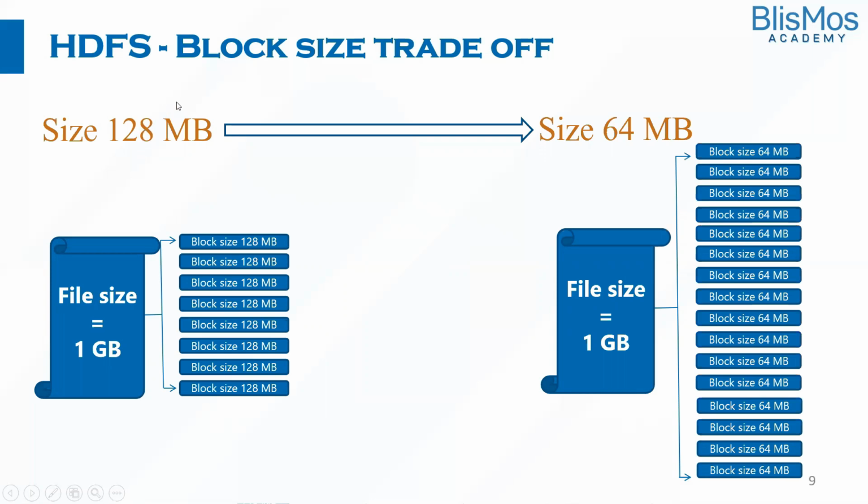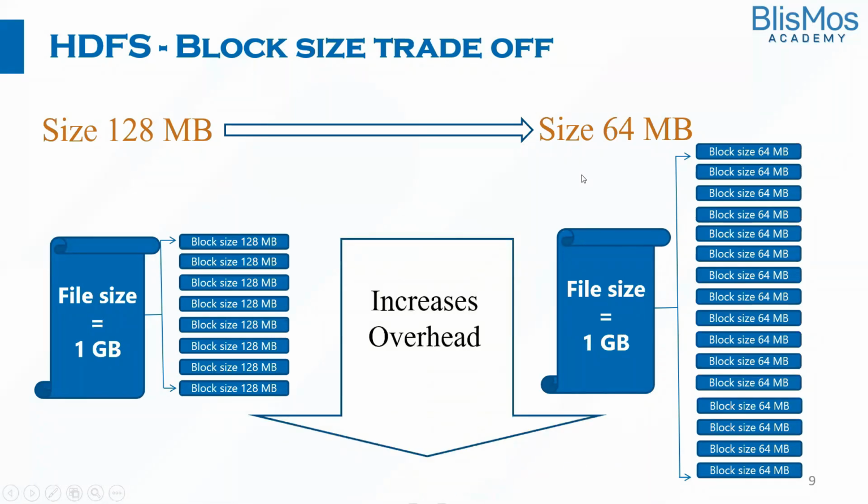If you reduce the block size from 128 MB to 64 MB, the number of blocks doubles. In a way, it is increasing the parallelism, but at the same time, it is increasing the overhead also.